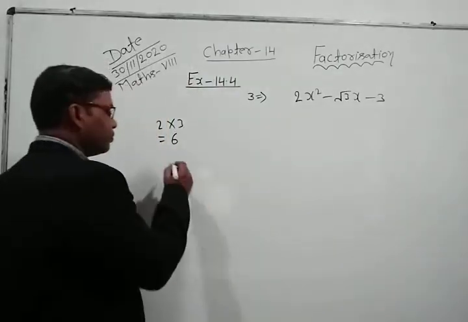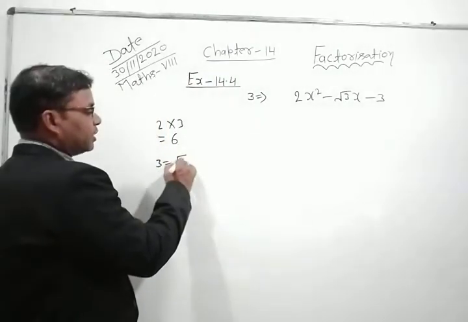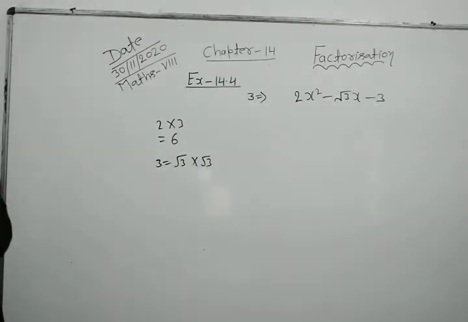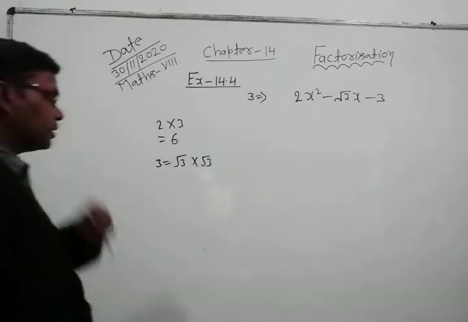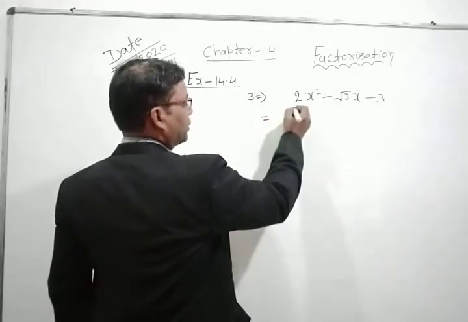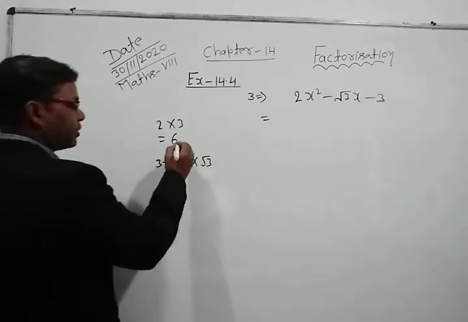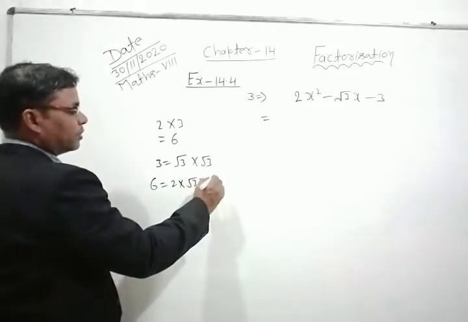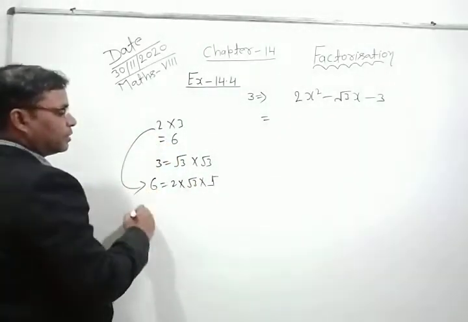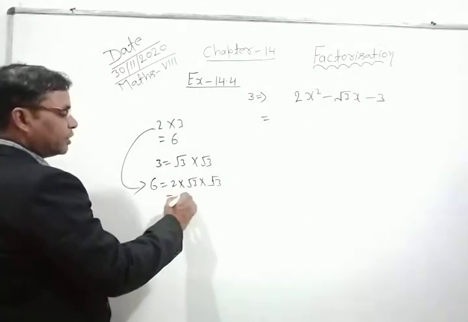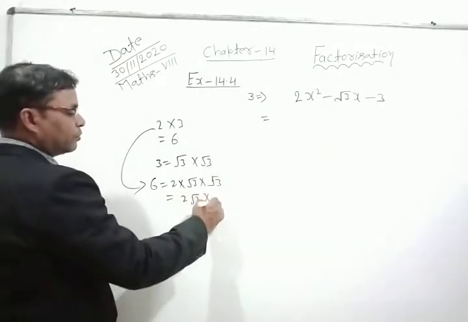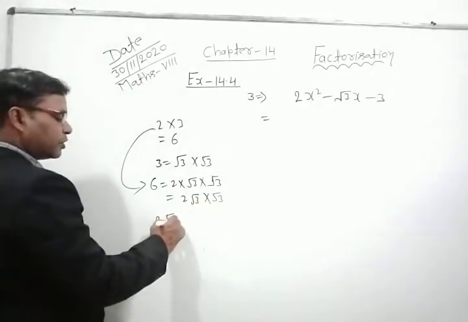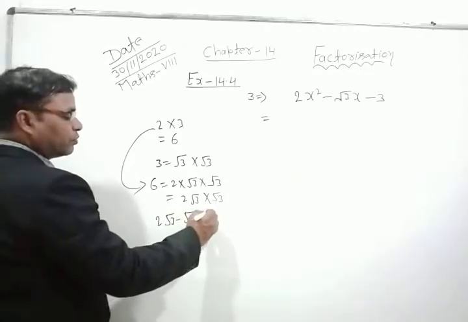You also know very well that 3 is equal to root 3 into root 3. So we can also write 6 is equal to 2 root 3 into root 3. Clear? This is equal to 6. Now if you take their difference, 2 root 3 minus root 3, this is equal to what?